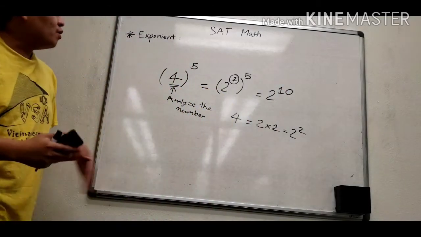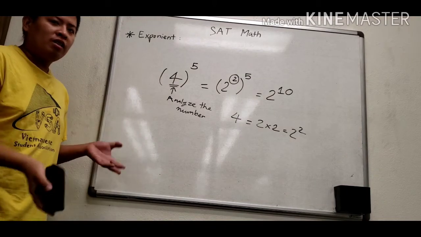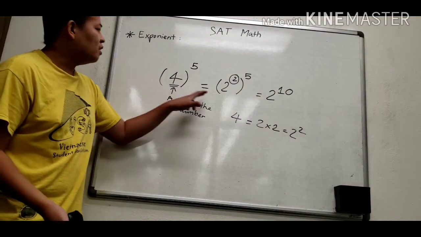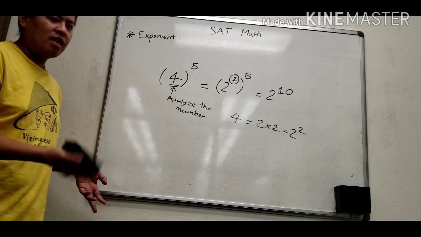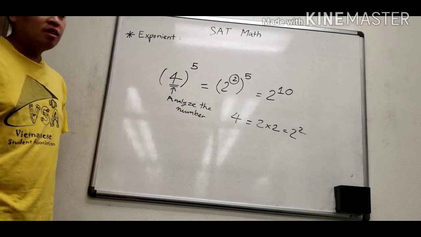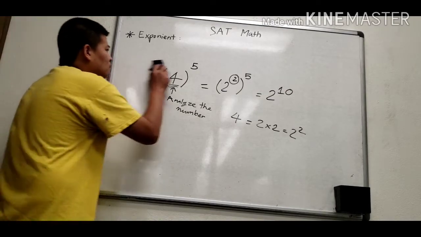This way can help you to do comparison between different bases. But they might ask you about 4 and 2, something like this, or maybe they ask you to simplify the fraction, but they have different bases. I will illustrate the example.